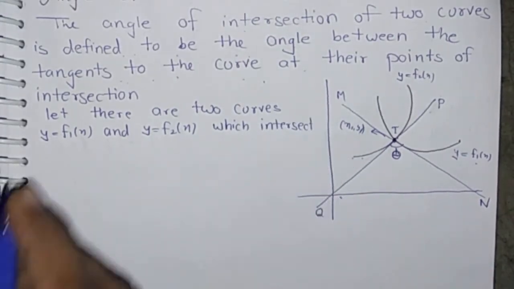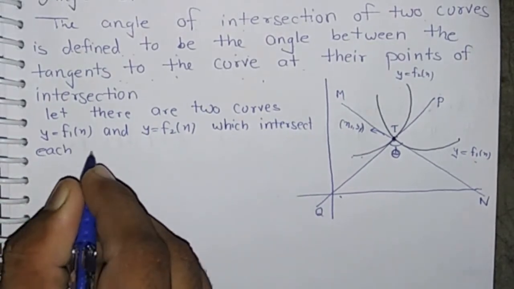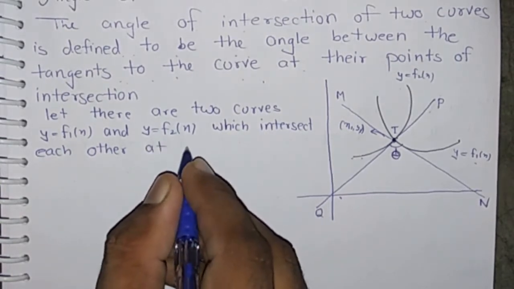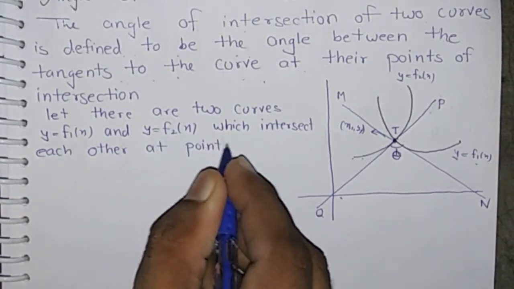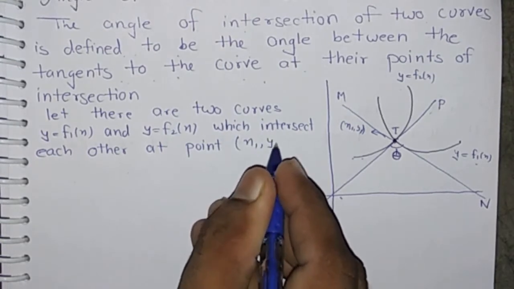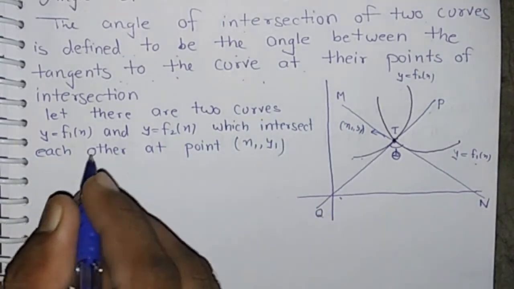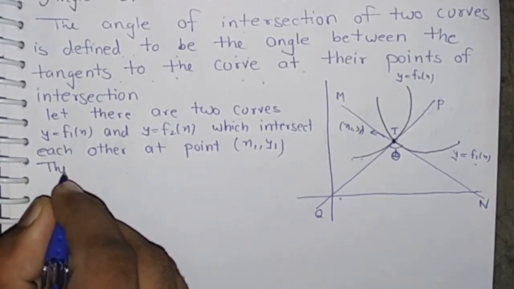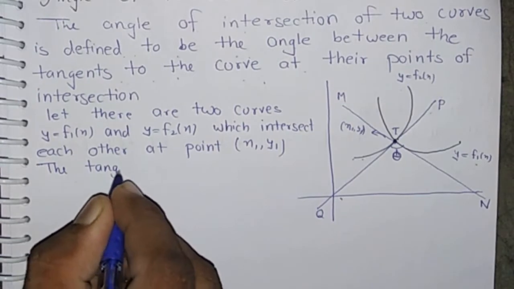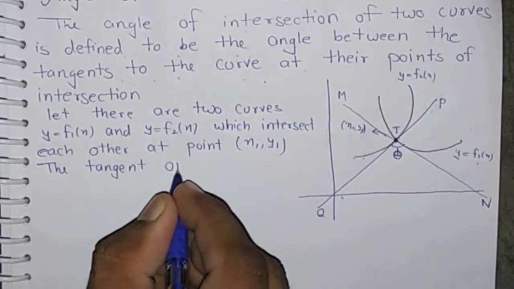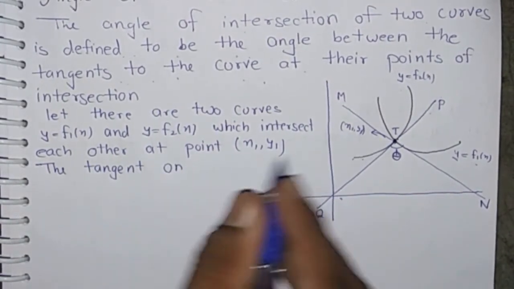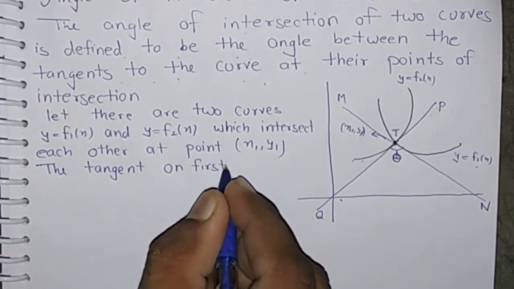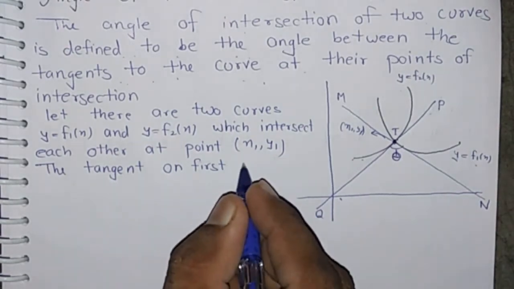Which intersect each other at point x1 comma y1. The tangent on first curve, means first curve y equal f1x.